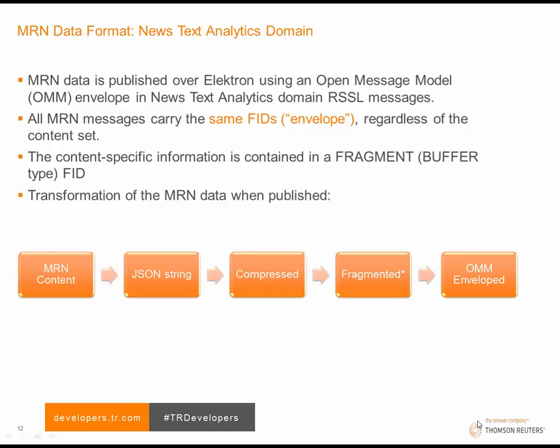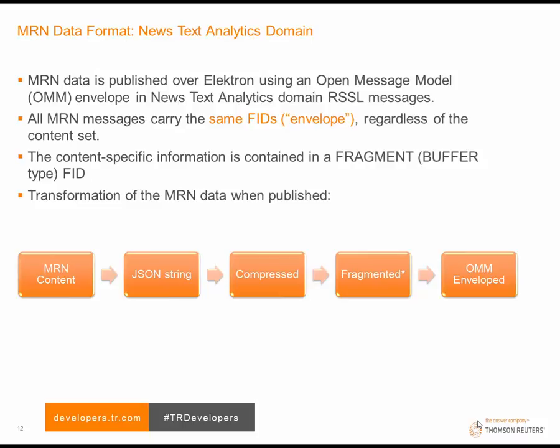MRN data is published over Elektron using Open Message Model envelope in News Text Analytics domain. All MRN messages are in the same envelopes, and different content is stored within fragments of type buffer.